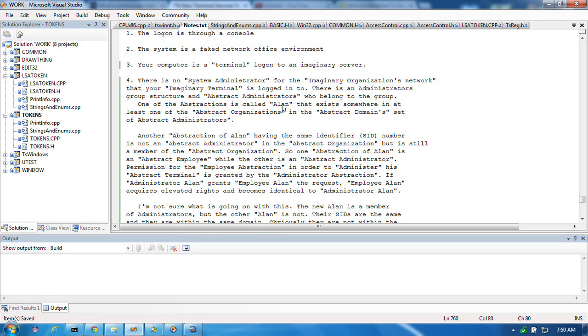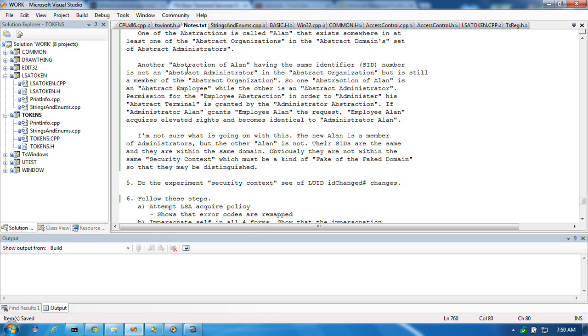One of those abstractions is labeled Alan, in my case, and that abstraction exists in at least, there's more than one, one of the organization abstractions in the domain abstraction set. In the abstract domain, there's an abstract domain. There's no real domain. There's no network, so the domain's abstract. In the abstract domains of abstract administrators.